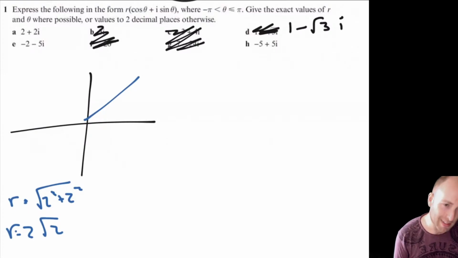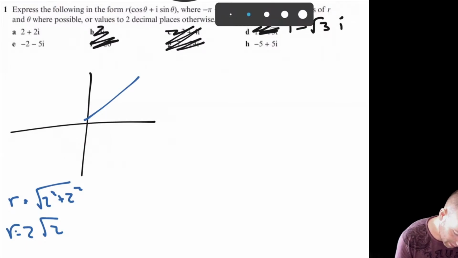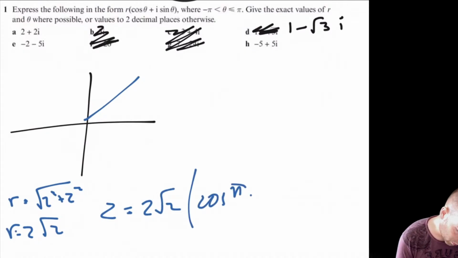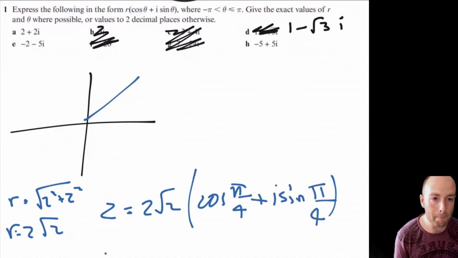And because they're both the same, tan is going to be pi by 4 again, so z equals 2 root 2 cos pi by 4 plus I sine pi by 4 for that one. Let's just see what you guys put.